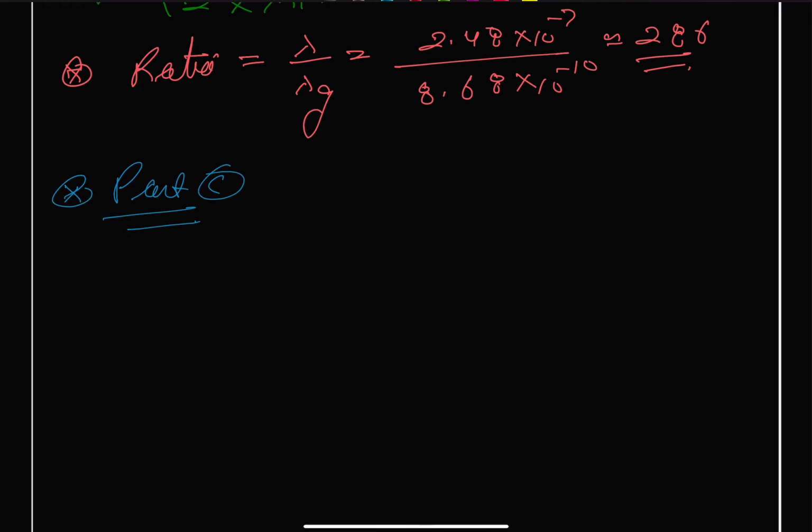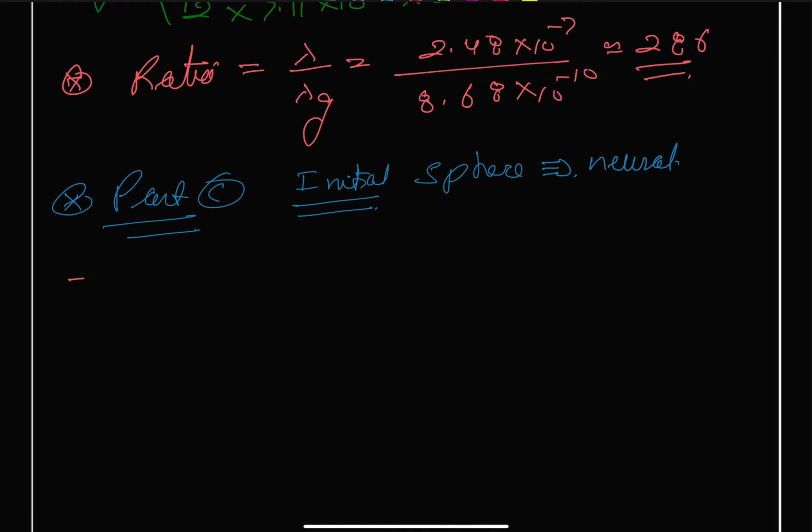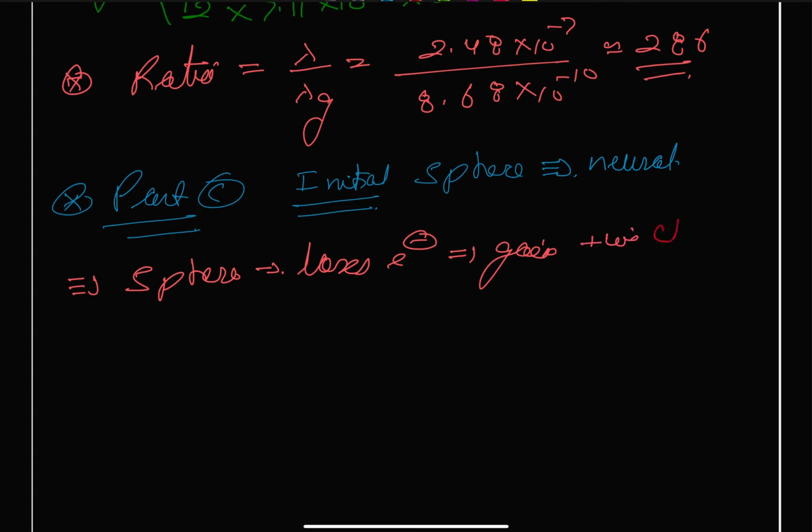So we can say initially we have a sphere and that sphere is neutral. This is the initial condition, and you can say that the sphere loses electrons, or we can say gains positive charge.